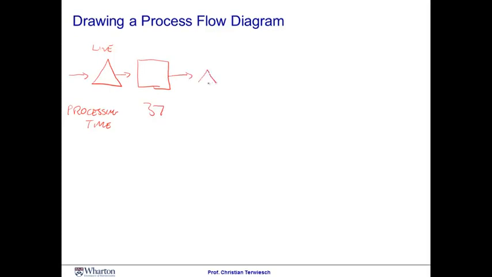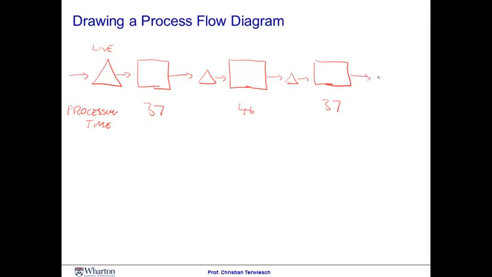The work is then handed off to the next worker, which might potentially include some delay, and that's why I draw a little triangle here, where there are another 46 seconds of work. From there, potentially another little waiting before you hit the checkout. There is a third station where again we're going to have 37 seconds per unit.